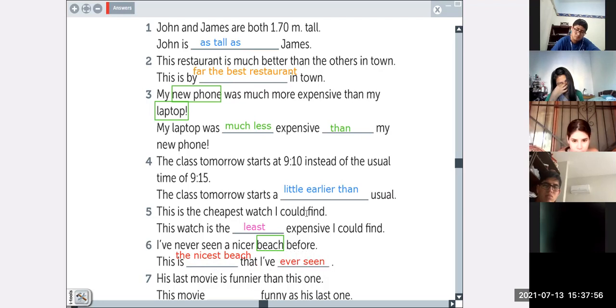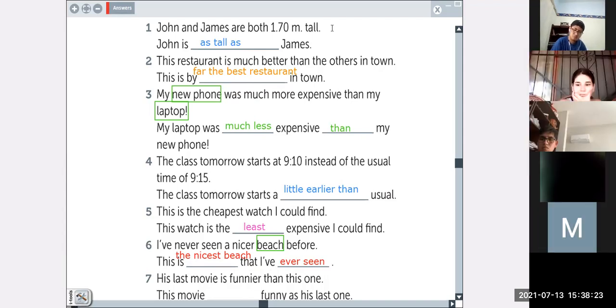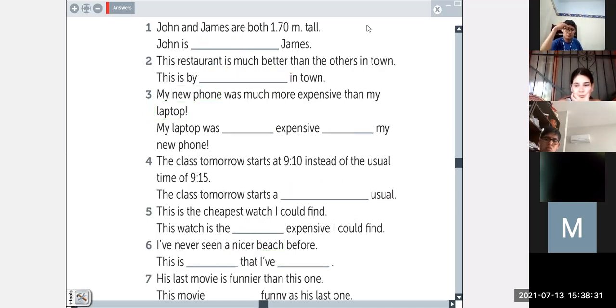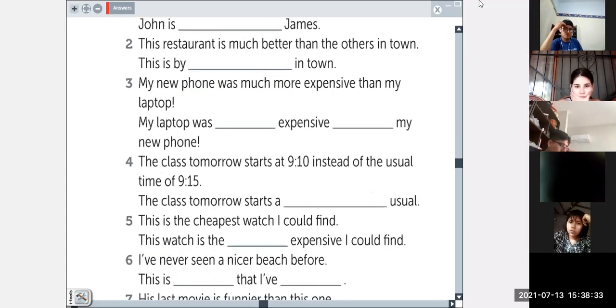Very good. Karim, please, number 7. His last movie is funnier than this one. This movie, I'm not sure I put by far funny as his last one. But in the first sentence, we don't have much more funny or something like this, que nos diga que es una gran cantidad, una gran diferencia, ¿cierto?